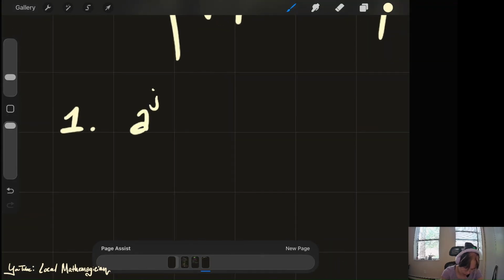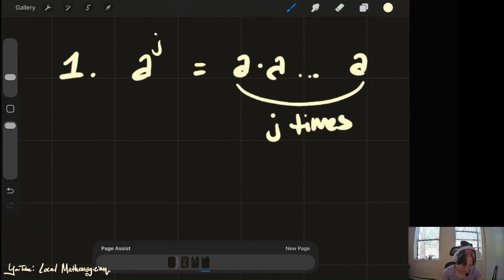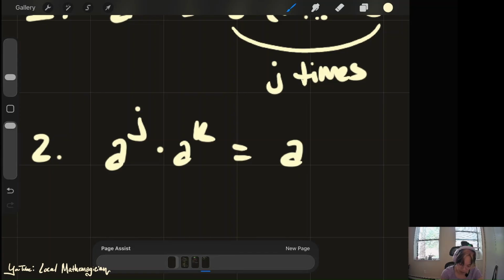Okay. So our properties are as follows. 1, a to the j is equal to a times a times a, j times. So a squared, a times a twice, a to the 4th, a times itself 4 times, and so forth. All right? 2, a to the j times a to the k is equal to a to the j plus k.